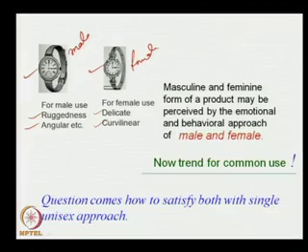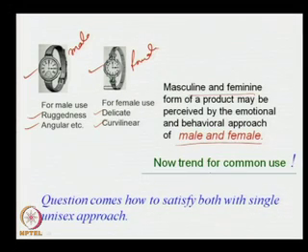It means masculine and feminine form of a product may be perceived by the emotional and behavioral approach of male and female. These all are there, but now the trend has come for common use, because the same product must now be compatible with male use requirement and female use requirement.